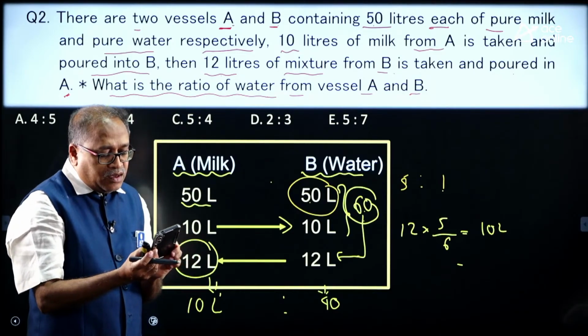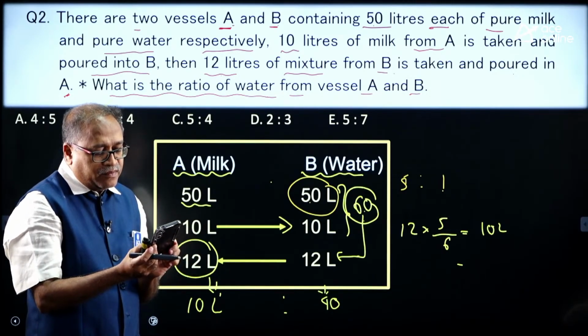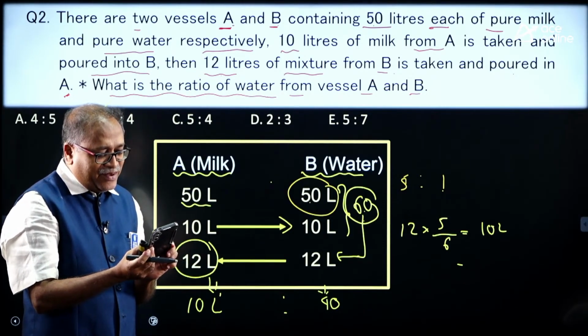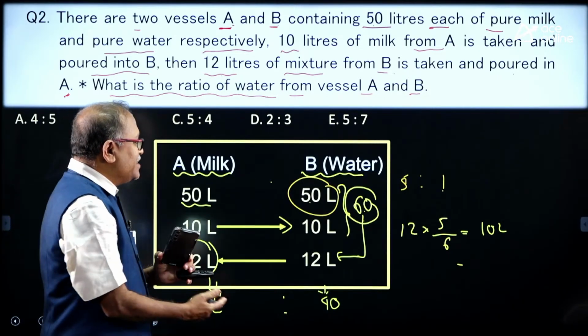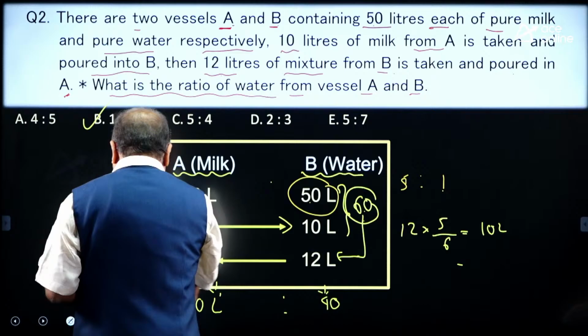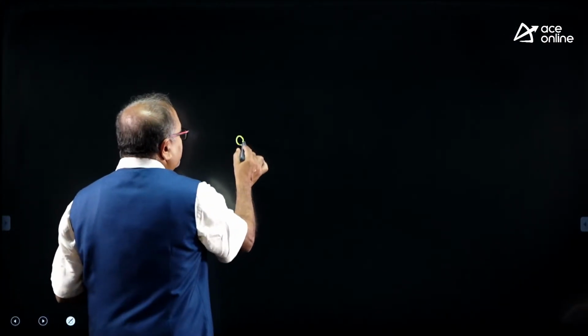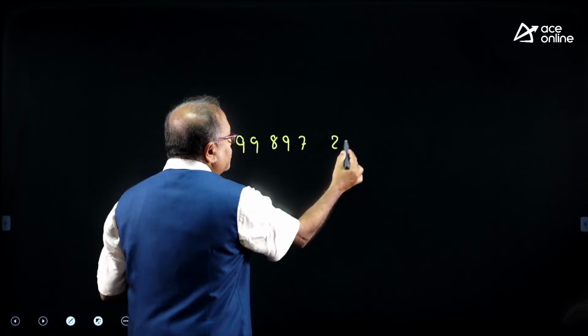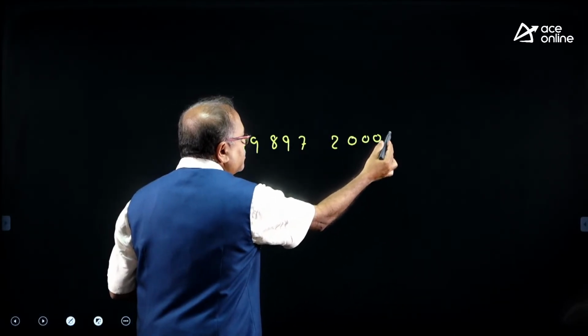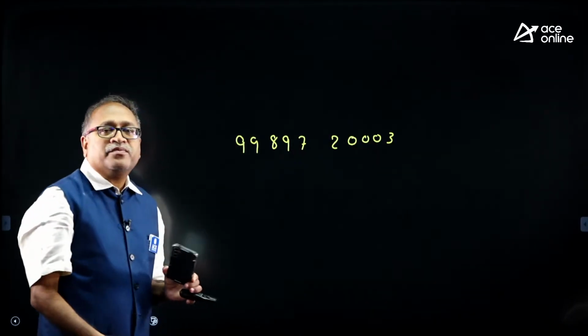Sir, you already know me from Unacademy. Okay, Mr. Lucky, can you please connect with me? I will just give my contact number. 9989720003. Quickly write it down.